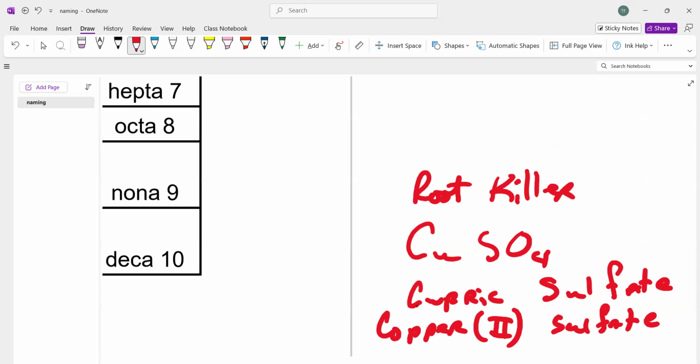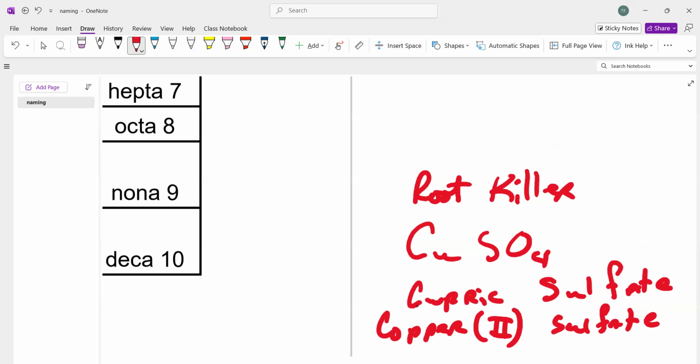So that's what it is in the chemical industry, food industry, ag industry. There's a problem with this naming in our department. Our department doesn't teach the old names, even though that's going to be the most common name you find in real life.